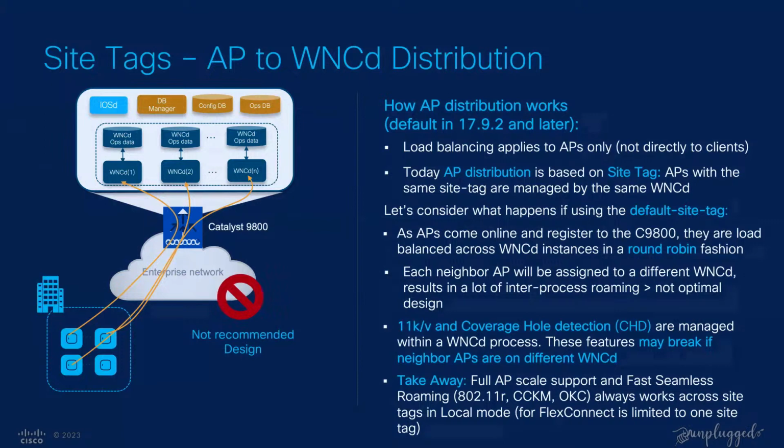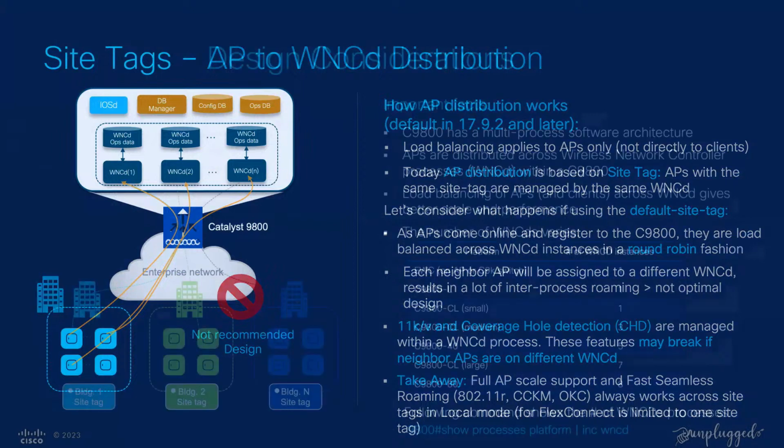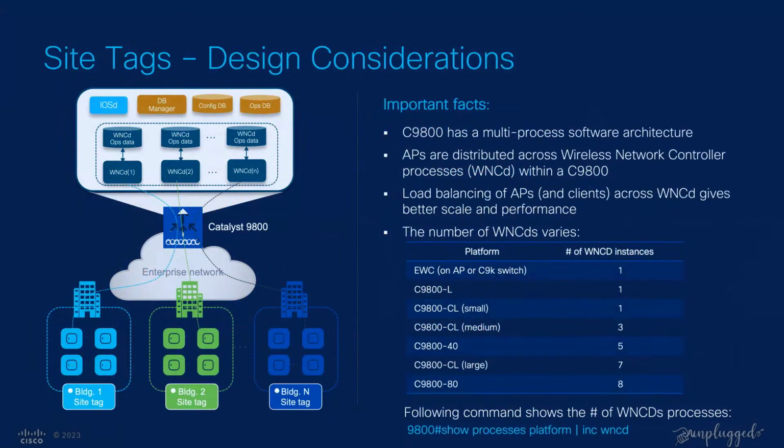So it was done in a round robin fashion. So what does that really reference though? Each 9800 has a specific number of WNCD processes in it. And it depends on which controller model gives you the number of WNCDs. So obviously the larger have up to 8.